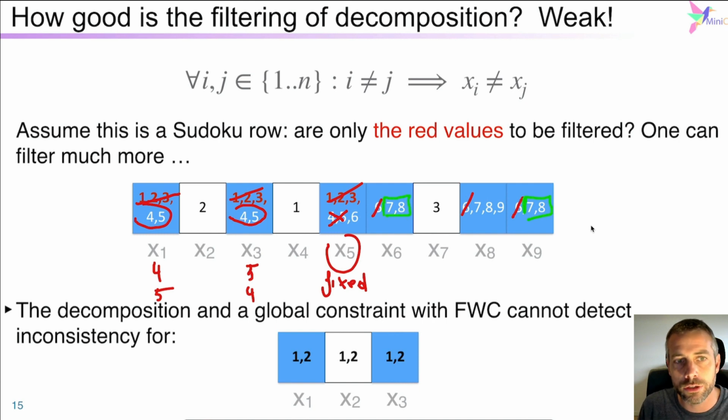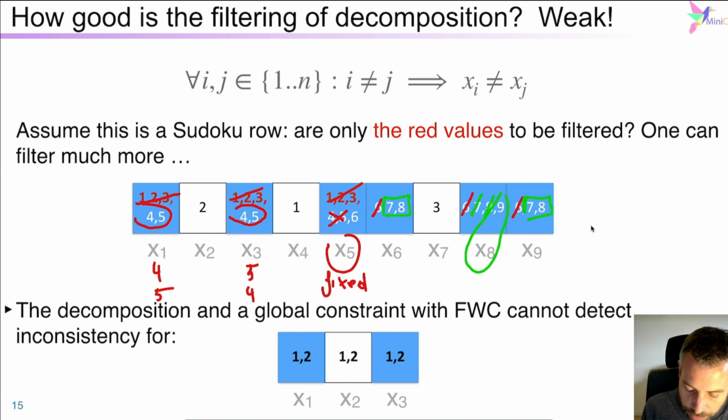We know that the 7 and the 8 will be taken by x6 and x9. And therefore, 7 and 8 should be removed from x8, and so this one becomes fixed to 9. Okay, you wouldn't be able to detect that with the forward checking algorithm without any search, right? Just at that level, you wouldn't be able to detect it.